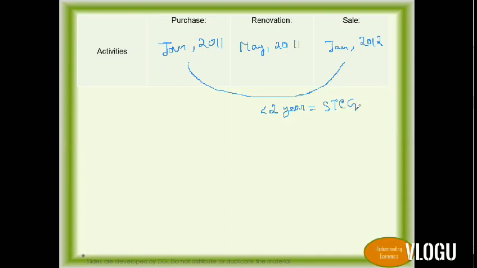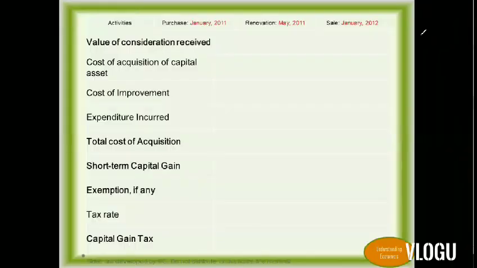So if the individual earns any gain from the selling of this capital asset, it will come under the bracket of short-term capital gain. Now we will look at the values to calculate the capital gain. We have grabbed all the information here: the purchase time period, the time period for the renovation, and also the time for the selling.